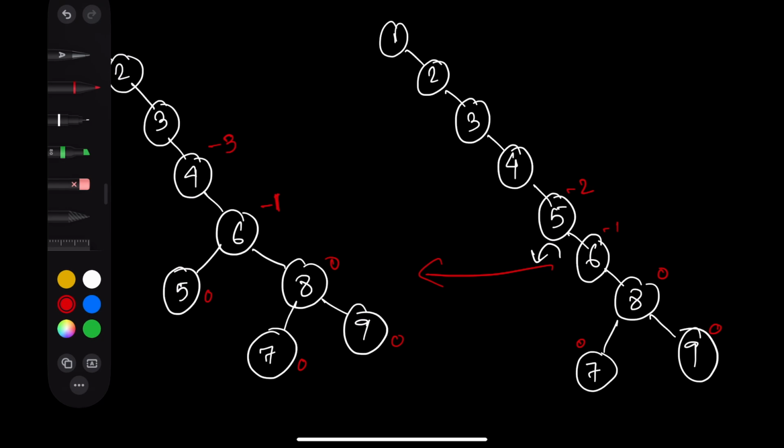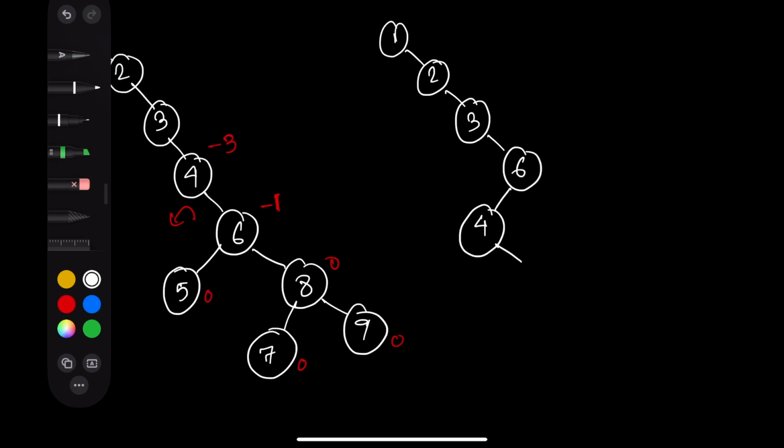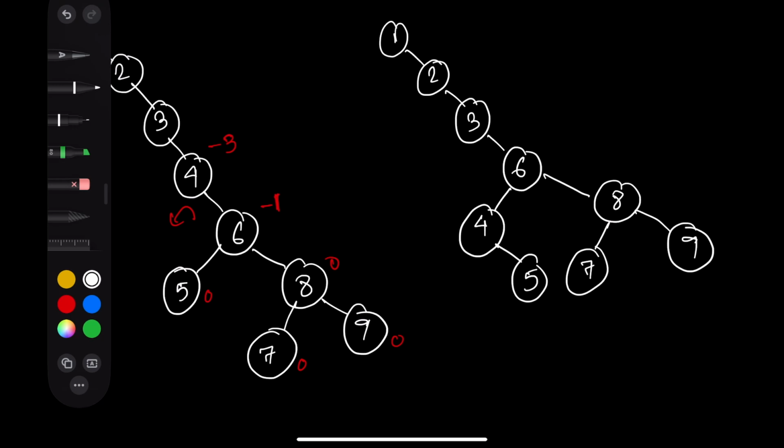As it is a -3, obviously a rotation would be there. Left rotation would be happening. So it would be 6, then 4, and under 4 it would be 5, it would be 8, it would be 7, it would be 9.